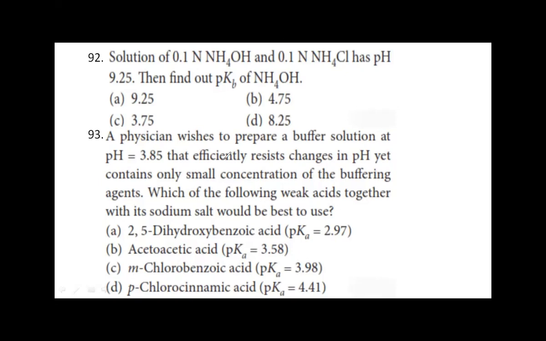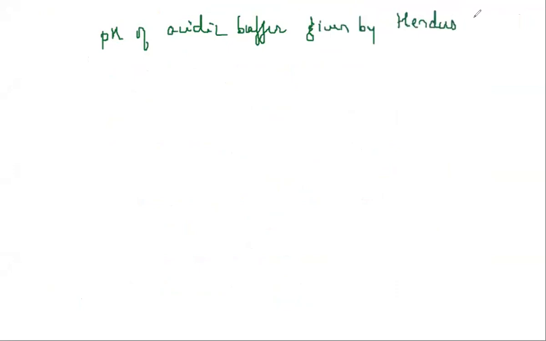Now see, when we talk about using a buffer solution, the pH of an acidic buffer is given by Henderson's equation. We have seen this just now for a basic buffer, and now this is for an acidic buffer.